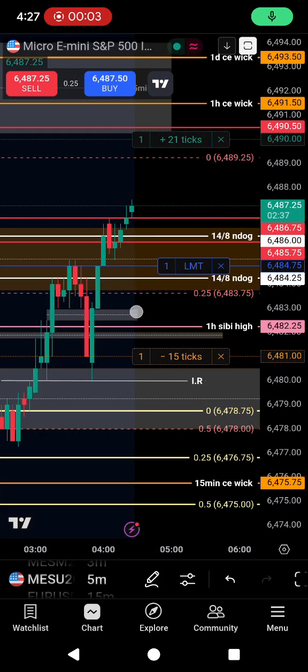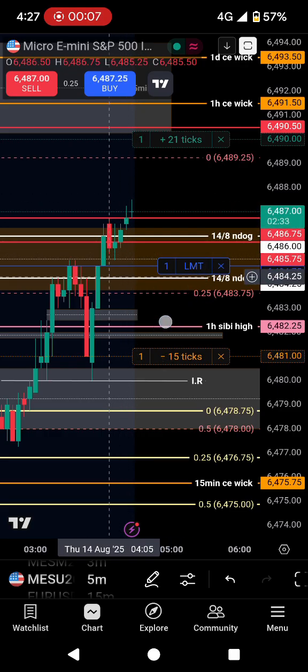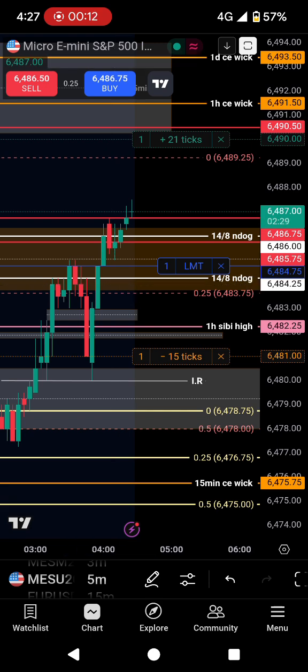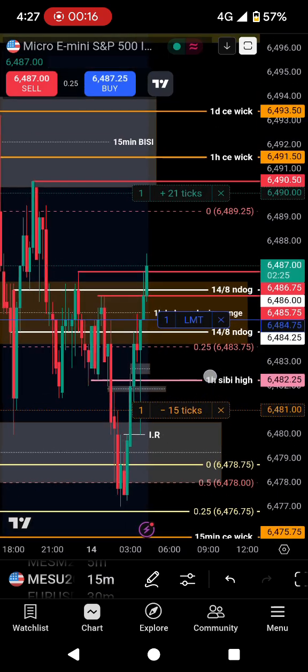Okay guys, so price traded into this BC and started leaving it. So we didn't get our fill, but it's okay. So where did price stop? Price stopped at this 1 hour balance price range.